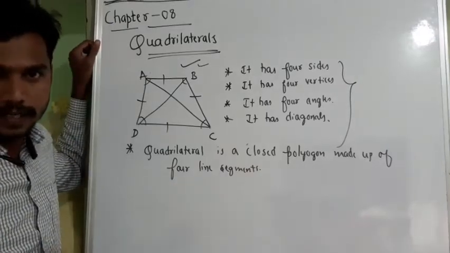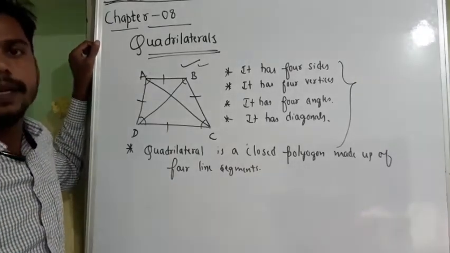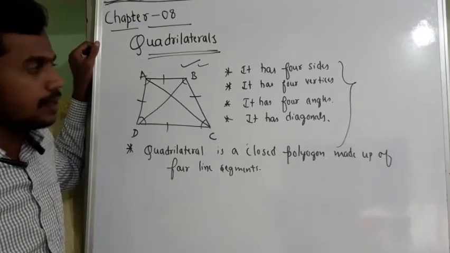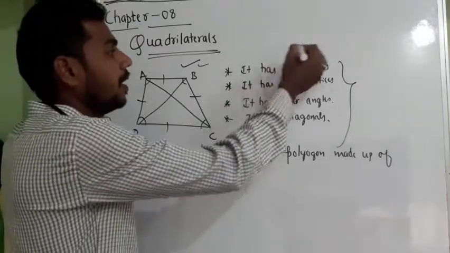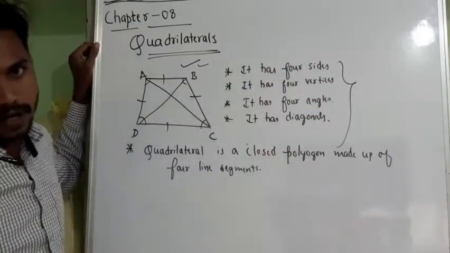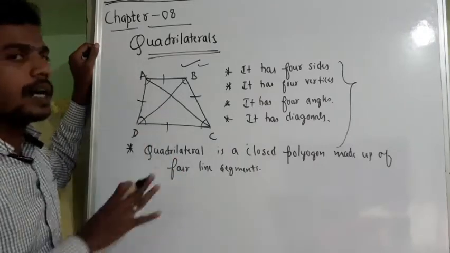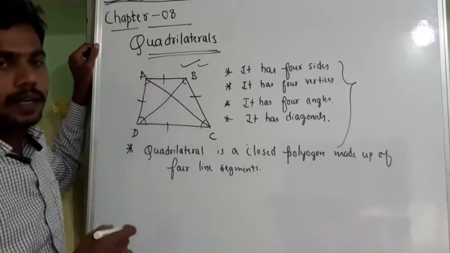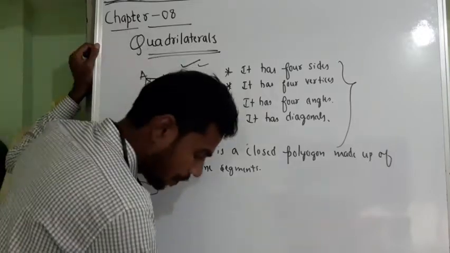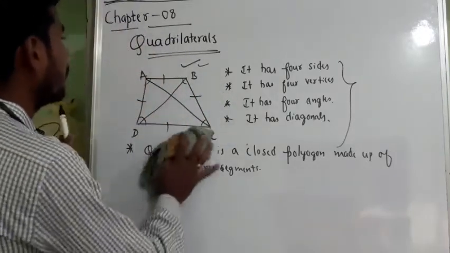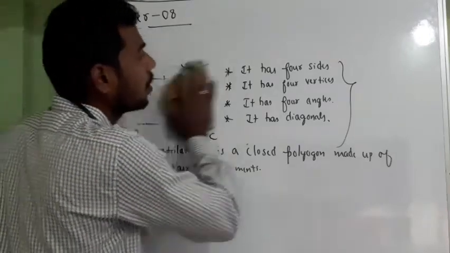I have listed the different properties of the quadrilateral, and based on these properties, we are going to classify quadrilaterals into different types. Now, we are going to study what the different types of quadrilateral are.